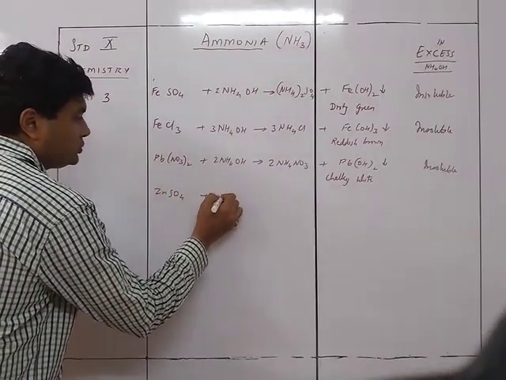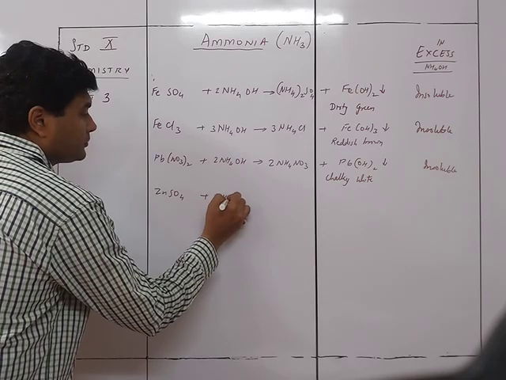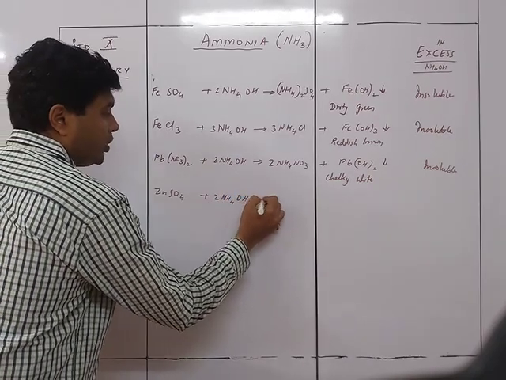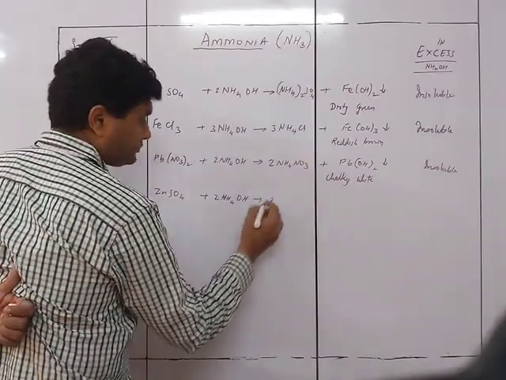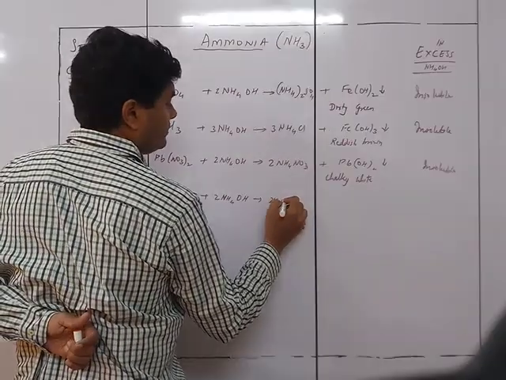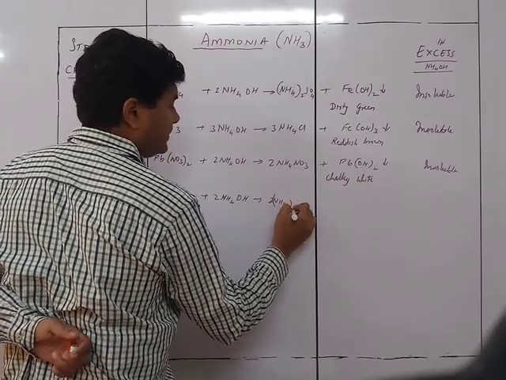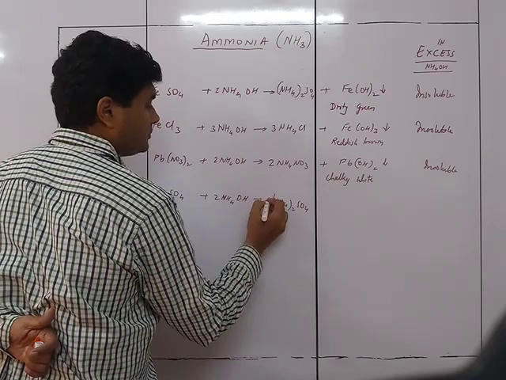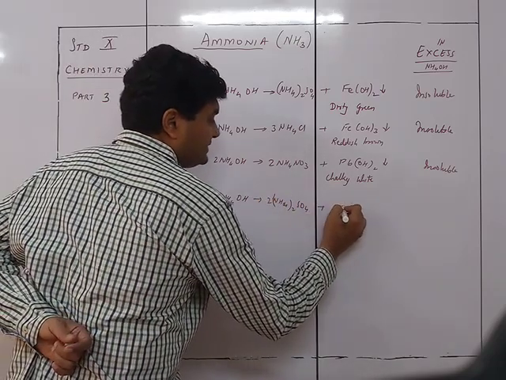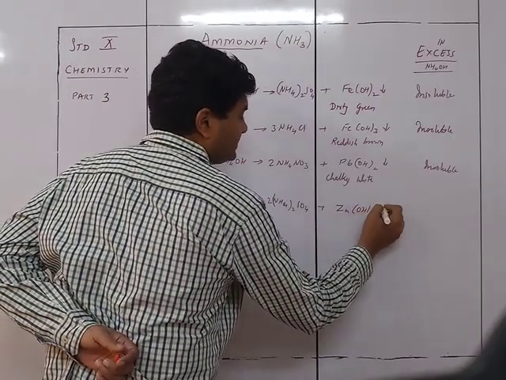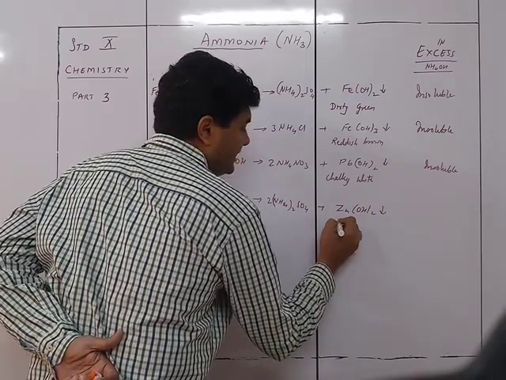The next is zinc. ZnSO4 plus 2NH4OH gives (NH4)2SO4 plus Zn(OH)2 precipitate, which will be gelatinous white.